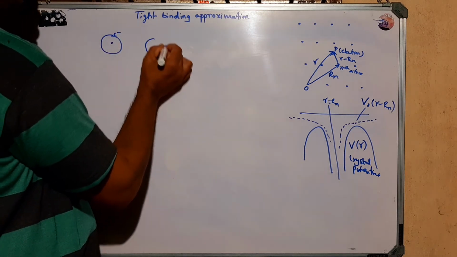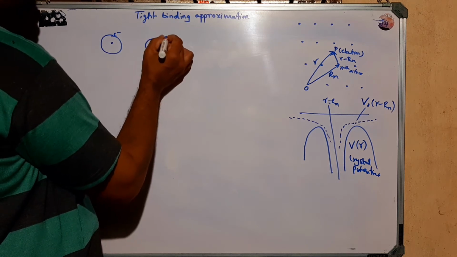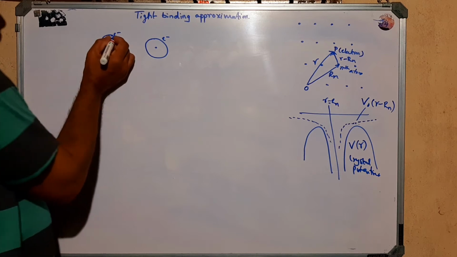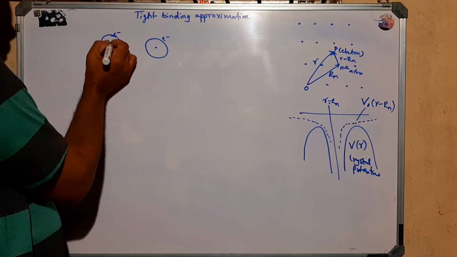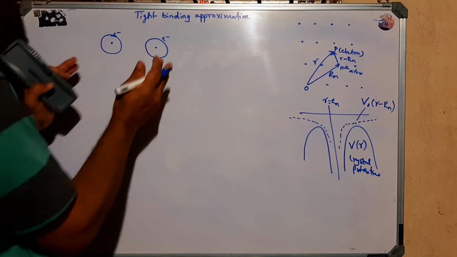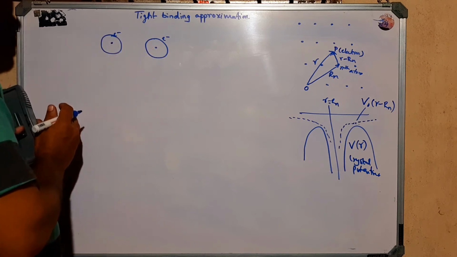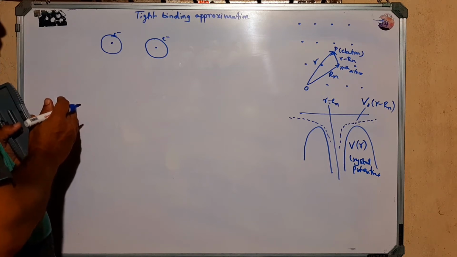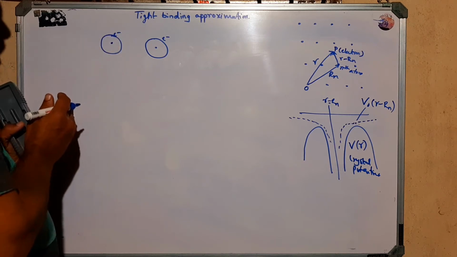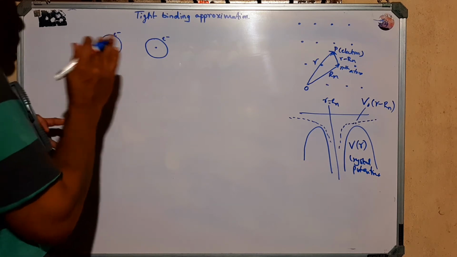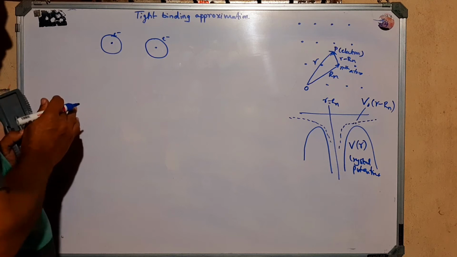This is another identical atom, and this is its electron. So these electrons are tightly bound to the nucleus. When you bring these two atoms close together, we can observe changes in the energy of the electrons, because the two electrons will interact with each other.